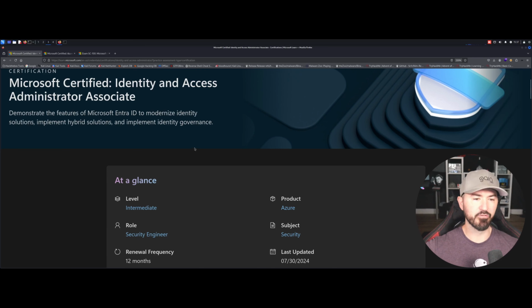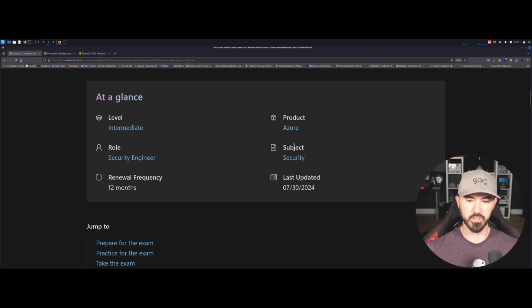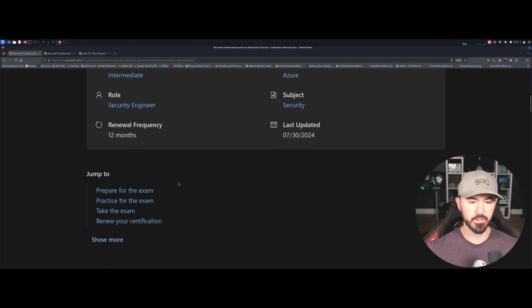So what do we have to focus on for this certification right here? All right, at a glance, it's an intermediate certification. The product is Azure. And the role you can have with this is a security engineer. Let's make this a little bigger. The subject is security, and you have to renew it every 12 months, which I'm not a big fan of, right?